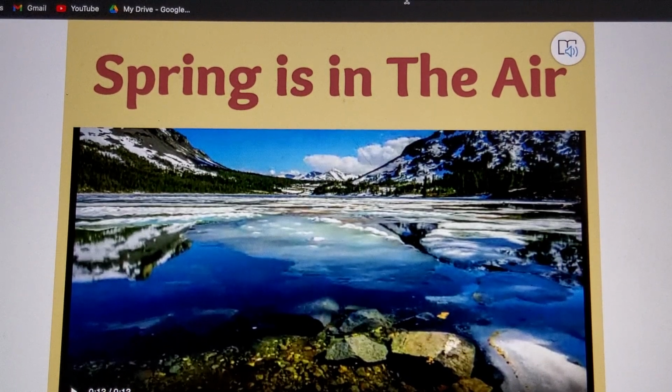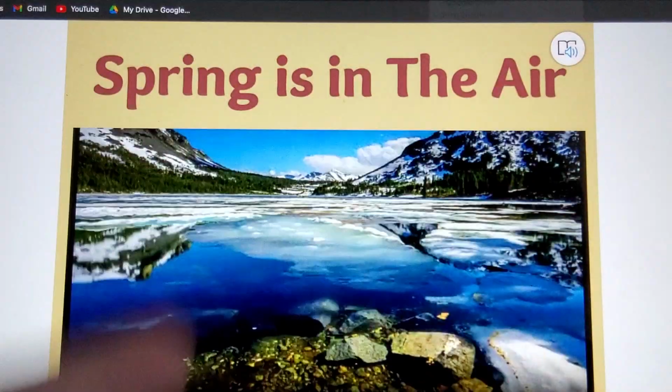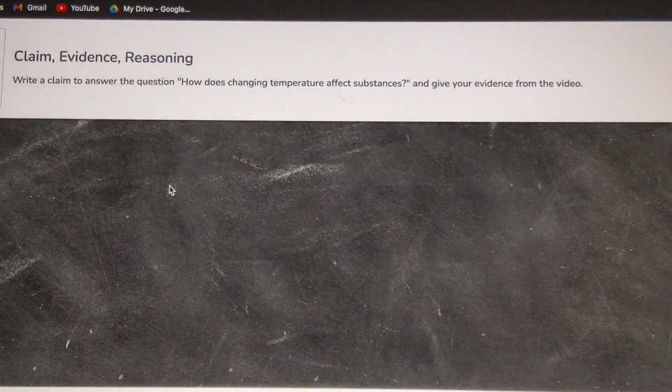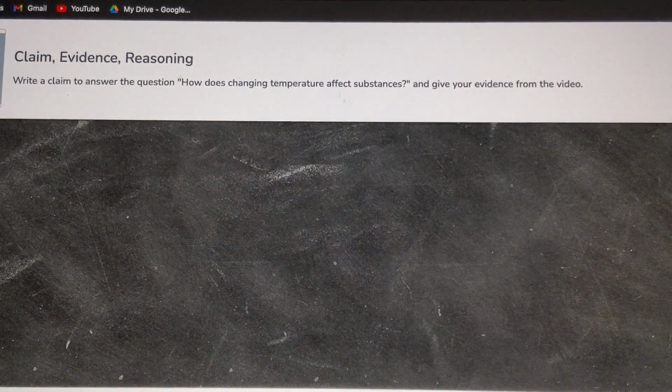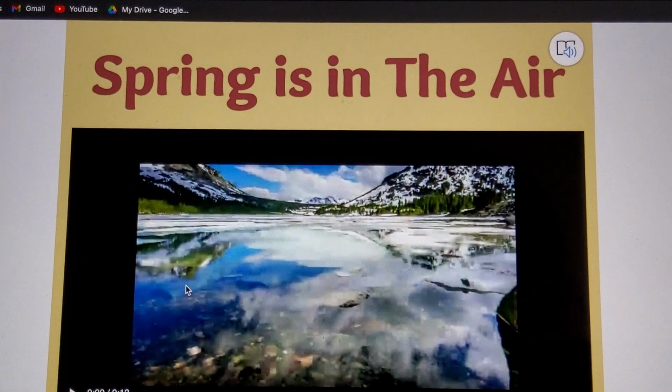When it gets to spring, the ice melted and became liquid. It broke down into pieces. This is very cool. The ice melted and broke apart because there's more heat.